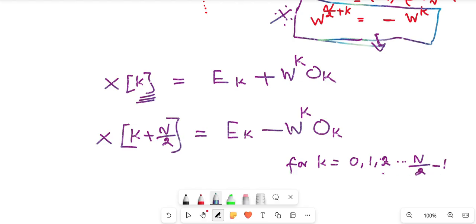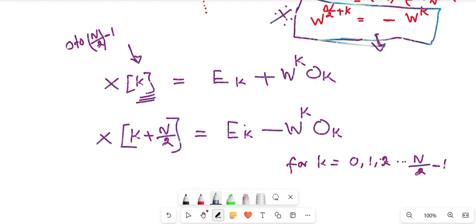We are restricting the k range from 0 to N/2 minus 1. So it can be rewritten into two parts, even part and odd part, with one part for the first half of the frequency points and the other part for the second half of the points.